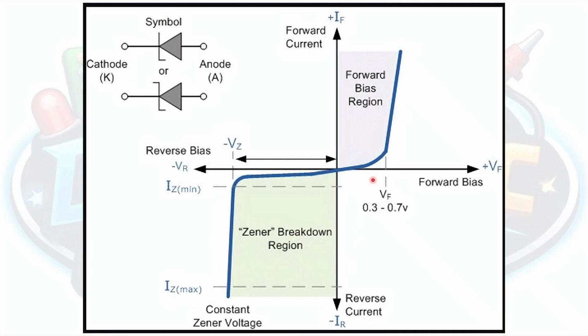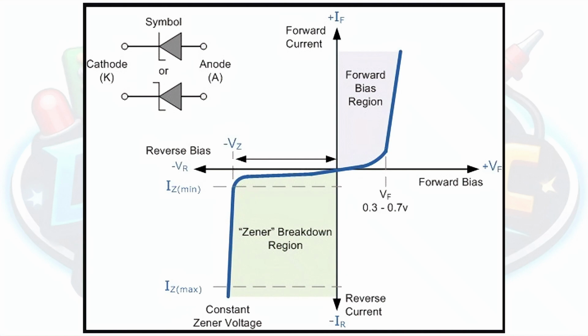Now, given that in forward bias, the Zener diode is similar to the rectifier diode, and we need to connect the Zener diode in reverse bias so as to take advantage of its voltage regulation capabilities, I would like to concentrate my discussion on this curve, at the reverse bias.